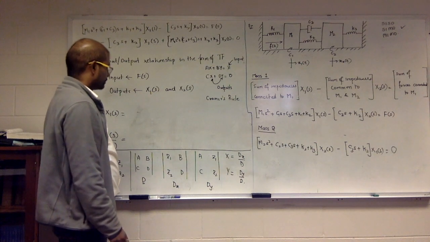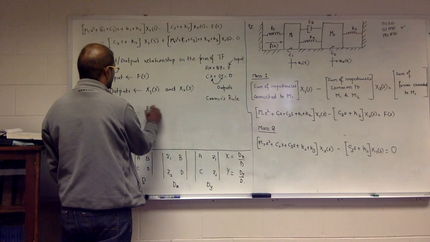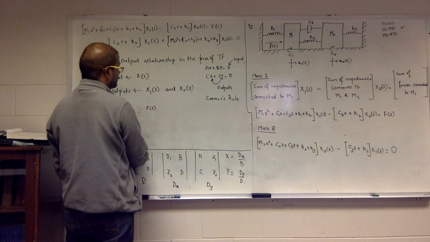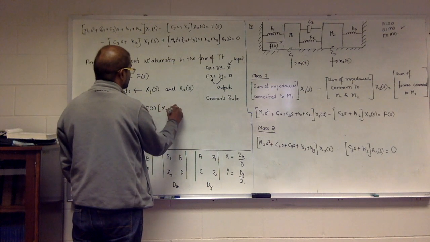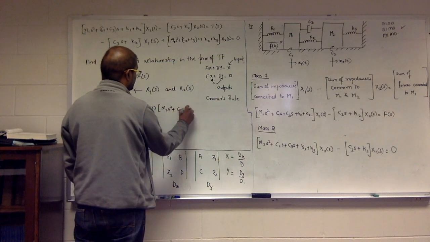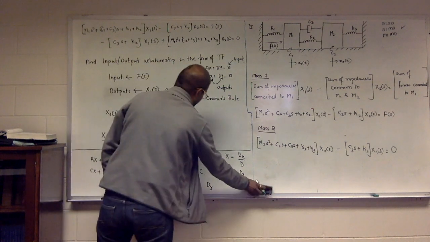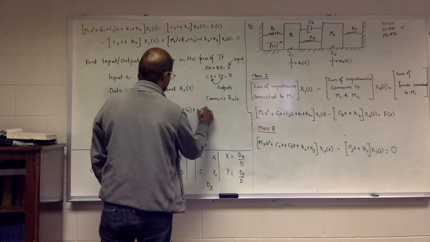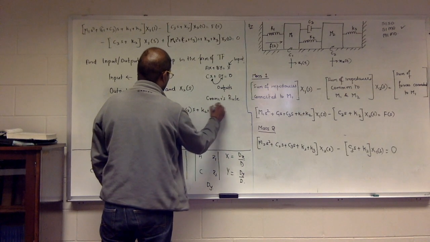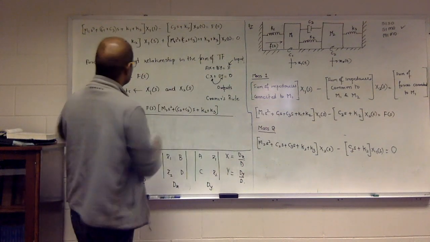Z2 is 0, so you're just going to get Z1 times D. You're going to get F of s times M2 s squared plus C2 plus C3, plus s plus K2 plus K3, divided by D.